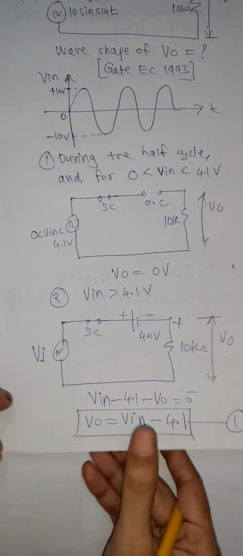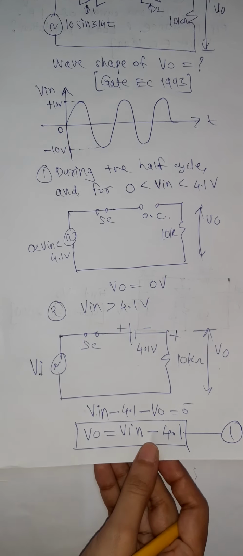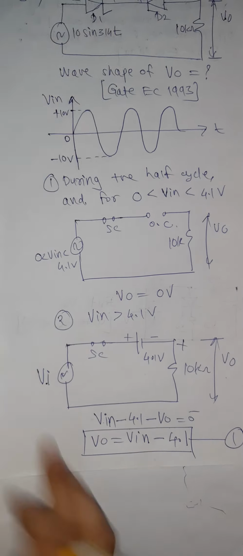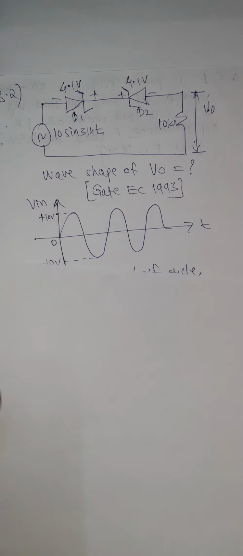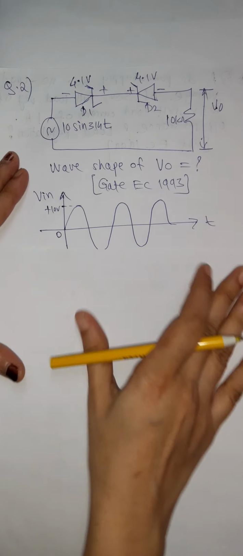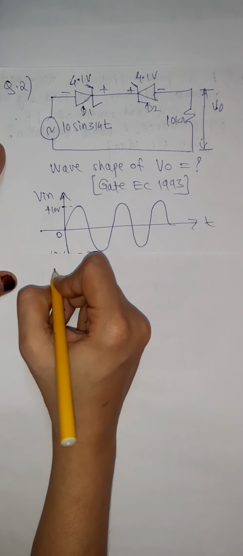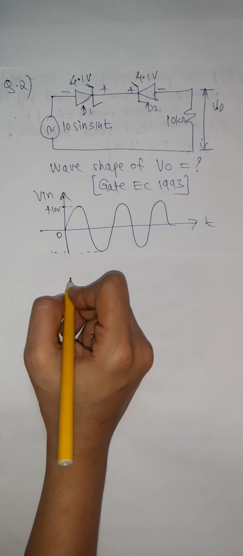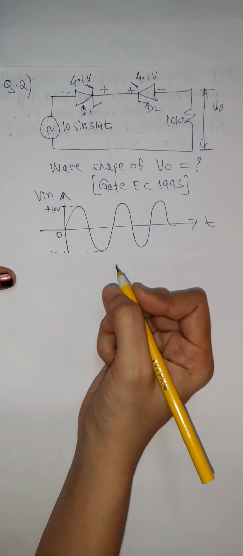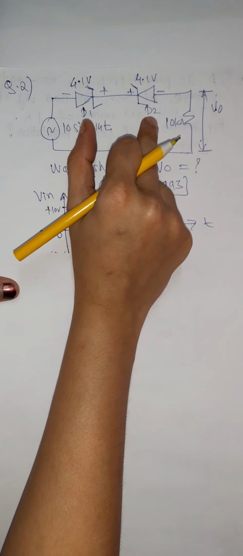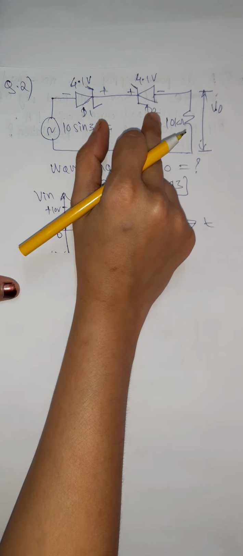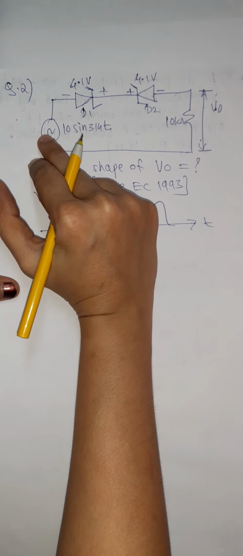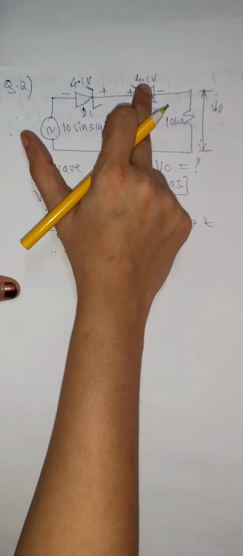Now we will analyze this circuit for the negative half cycle. I will analyze it very fast because it is a very time consuming question. Now we will check for negative values of voltage. We are checking for diode D2. Take the values of input voltage lying between minus 4.1 volt to 0.